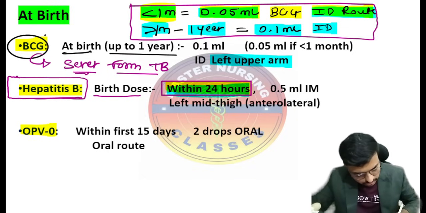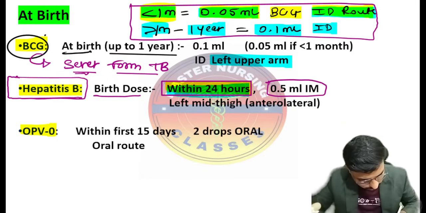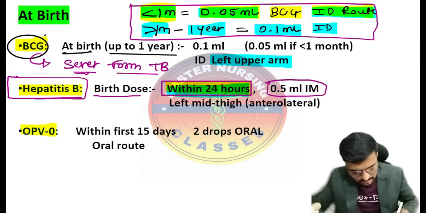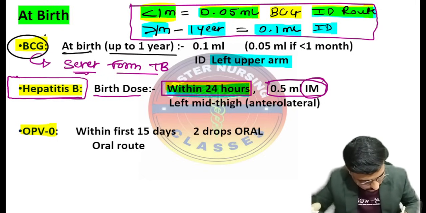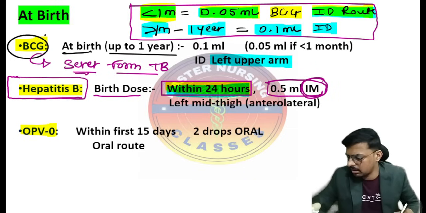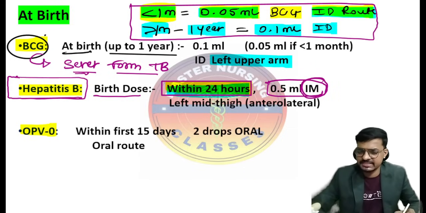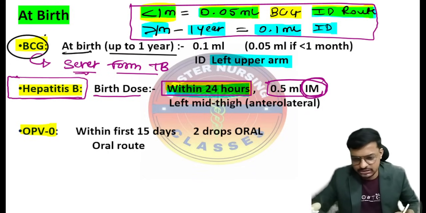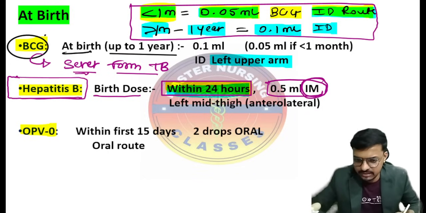Next comes the dose of the hepatitis B vaccine: 0.5 ml, given by the intramuscular route. The best IM site in neonates is the vastus lateralis, the anterolateral aspect of the mid thigh.